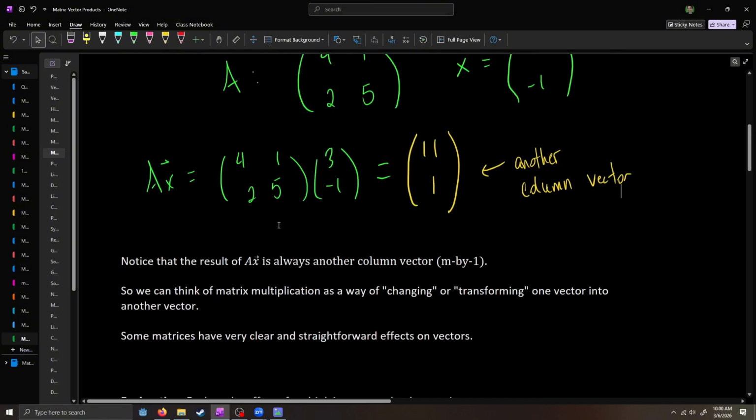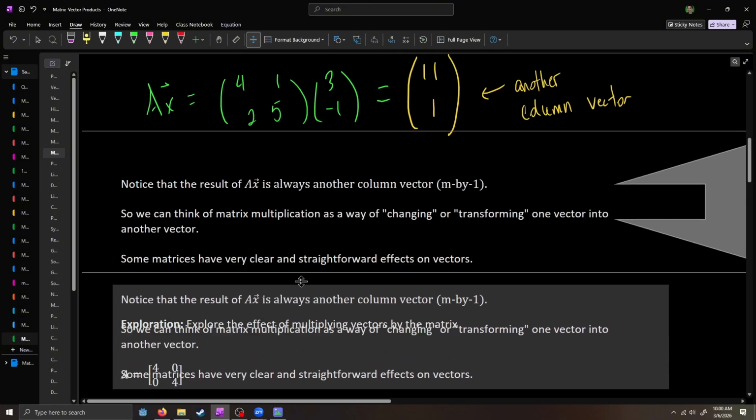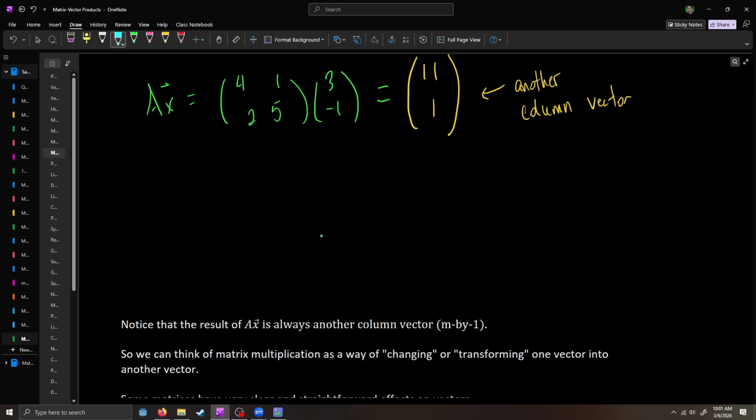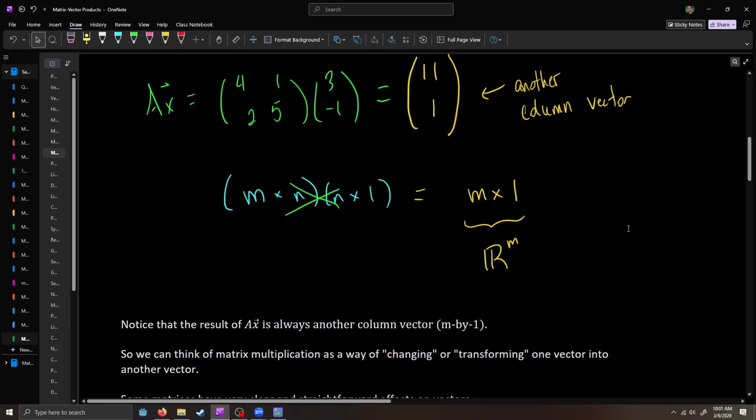And this makes sense using the properties and the principles that we established in the previous episode. When the matrix A has m rows and n columns, and the vector x has n rows and 1 column, then when we multiply these together, these inner dimensions basically cancel out, and we're left with something that has m rows and 1 column.